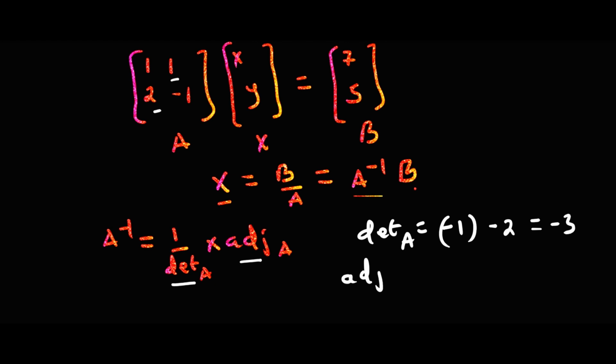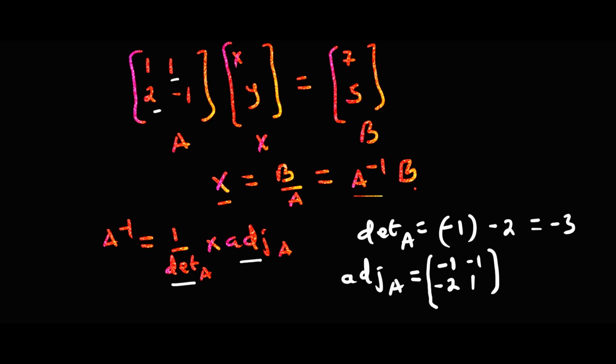Now the adjoint of the matrix A is obtained by switching the members of the main diagonal. That is, instead of 1, negative 1, you're going to have negative 1, 1, and then changing the signs of the other diagonal, like that.